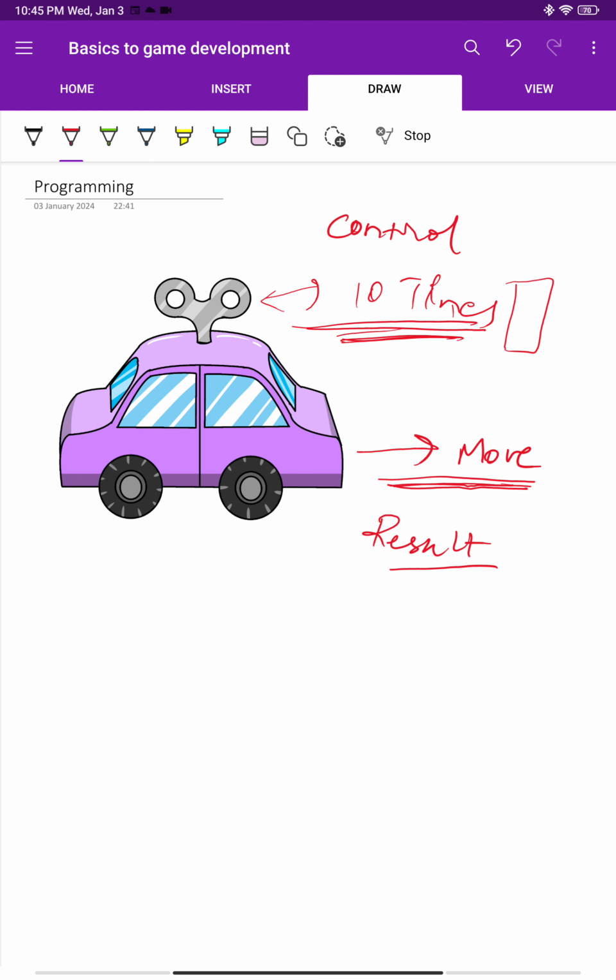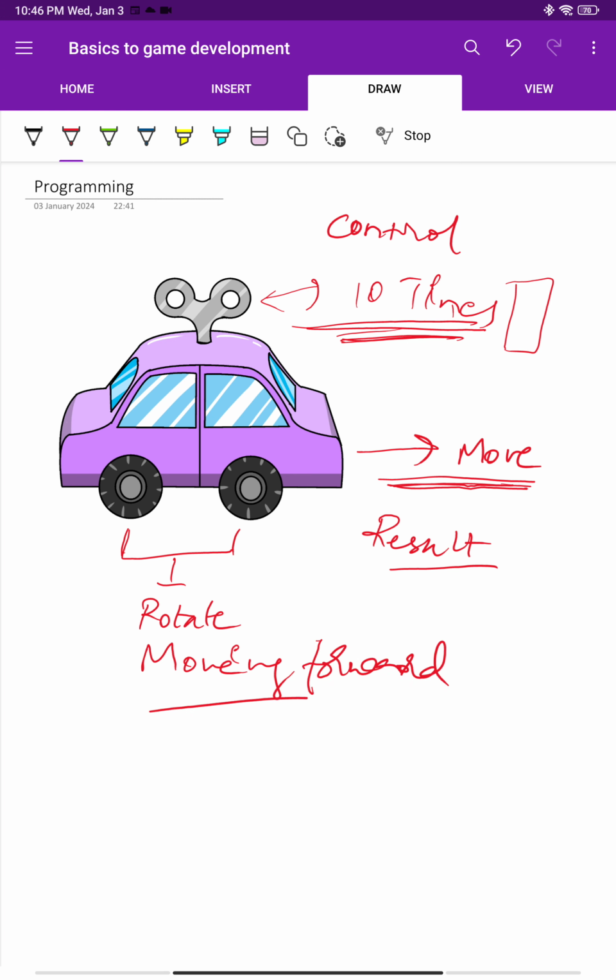right? So the programming includes rotating the wheels, and at the same time moving forward. Okay, so these are the two things. So what happens in the backend?